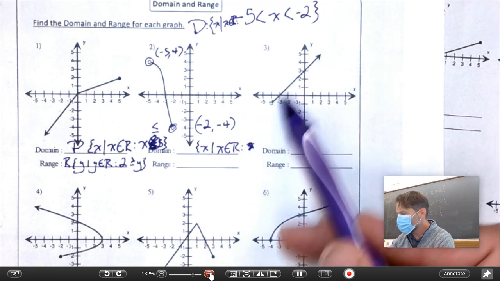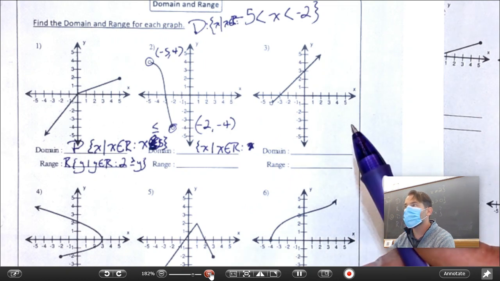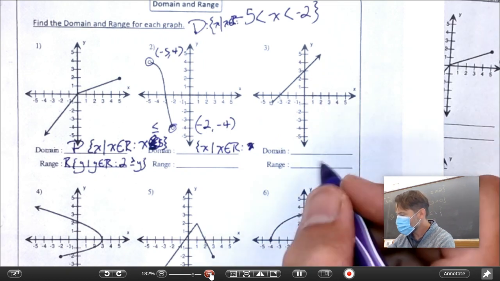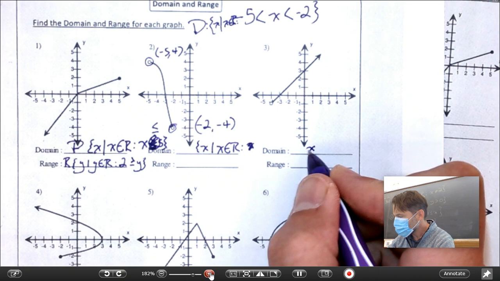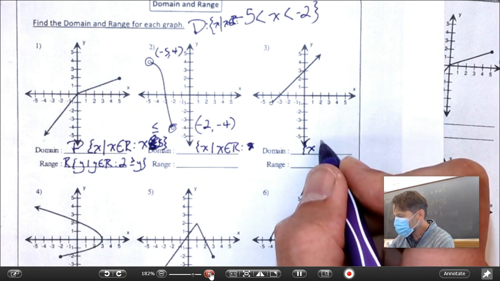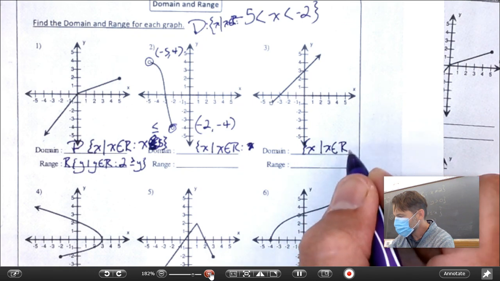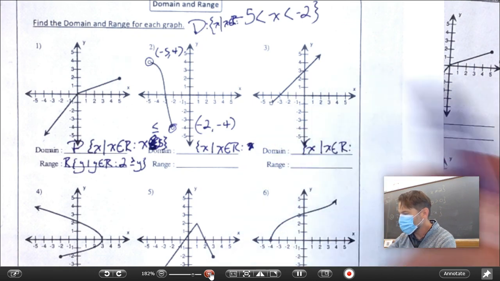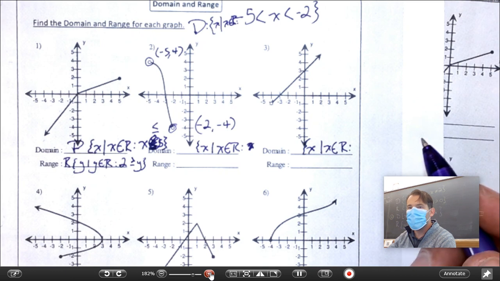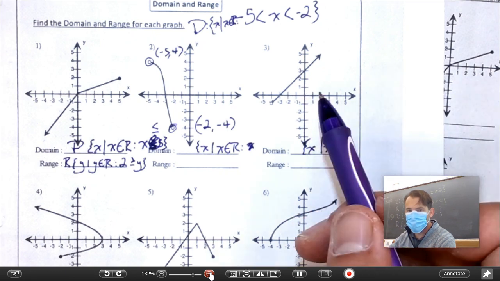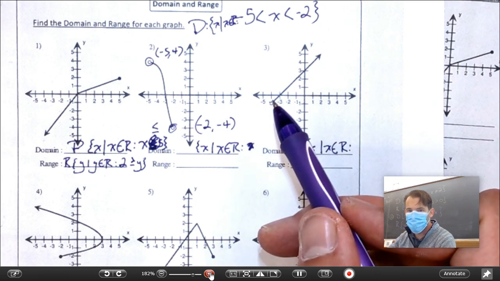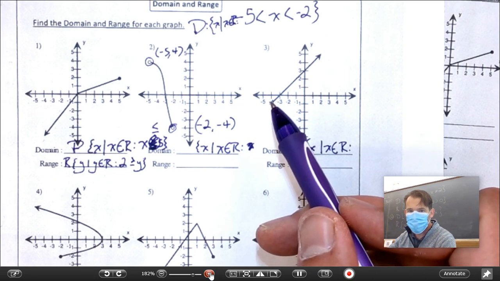So what would I say the domain is for this function? Well, it is a function. X is of the what? Integers or reals? Reals, such that x is greater than 0, but it also wants to be these values too, all the way down to here, but not including that value.